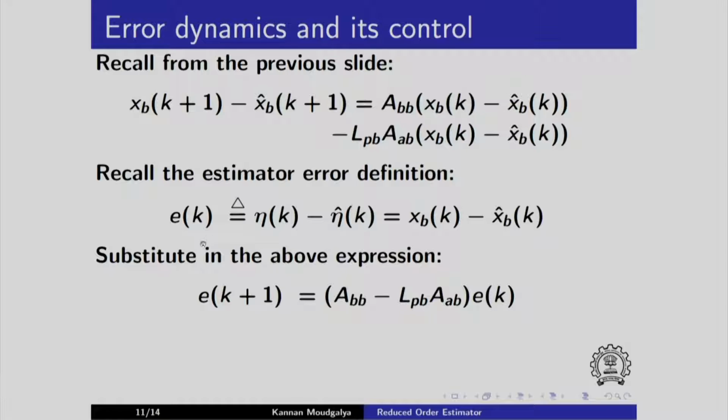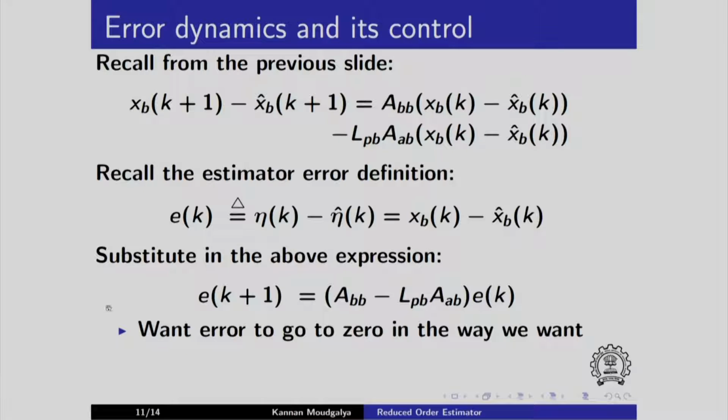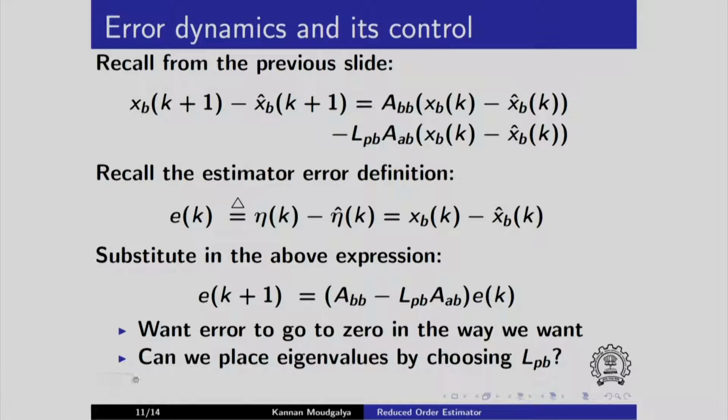This whole thing is E of k. We want the error to go to 0 in the way we want. The question is, can we place the eigenvalues of this term by choosing LPB? We can recall that this is possible if ABB comma AAB is observable.